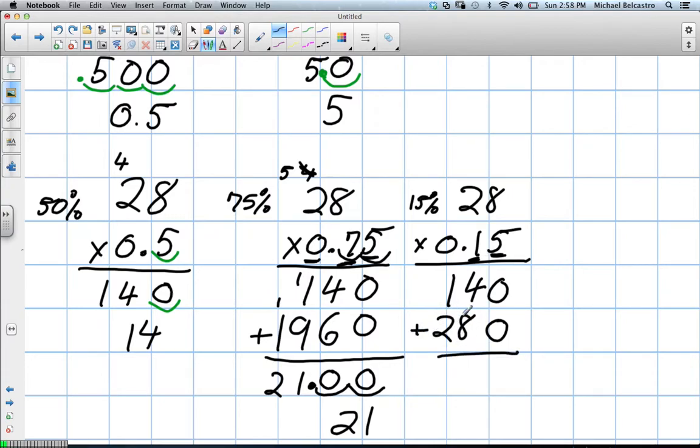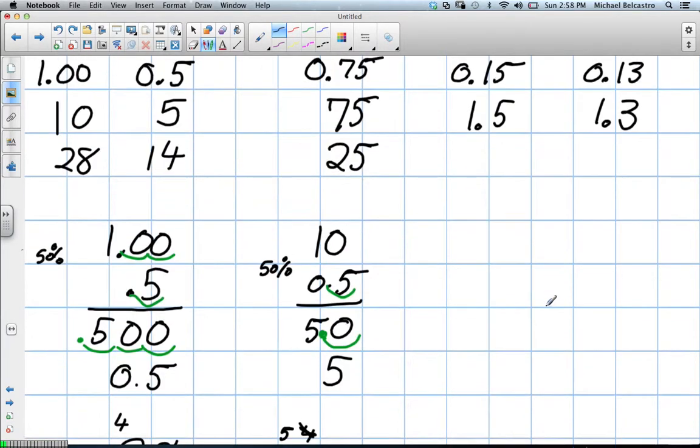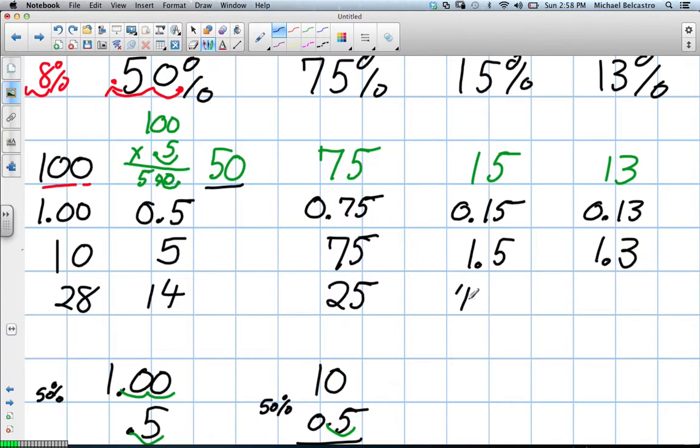Add them. 0, 12, and then 4. How many decimal places? 2. So we move 2. What's our answer? 4.20. In other words, what would that be as a dollar amount? How much money would we be paying? $4.20. That's how much extra tax on top of 28 we would pay. It doesn't mean we'd pay only $4.20. We'd have to add that to 28 if we're talking about tax.